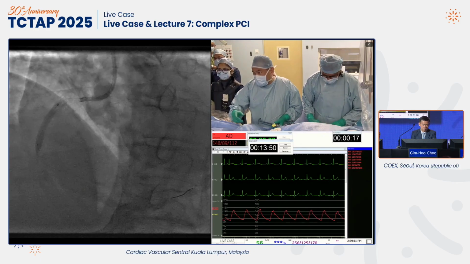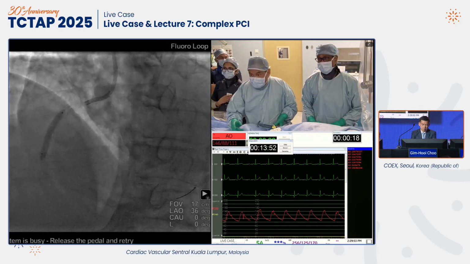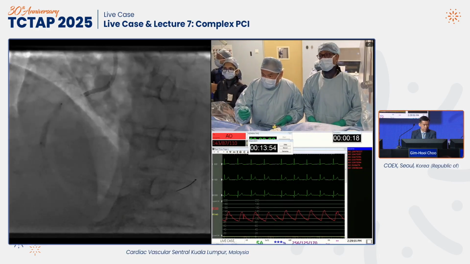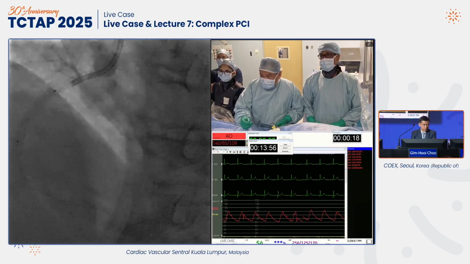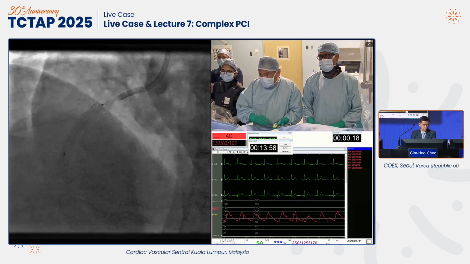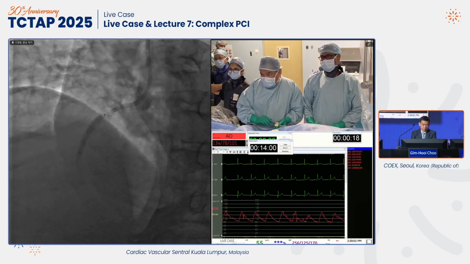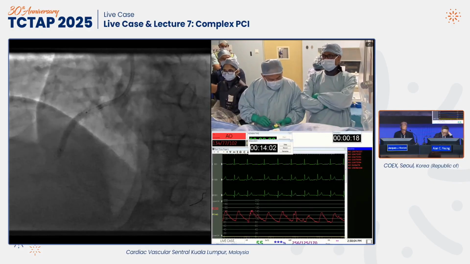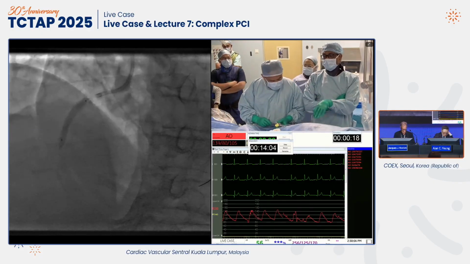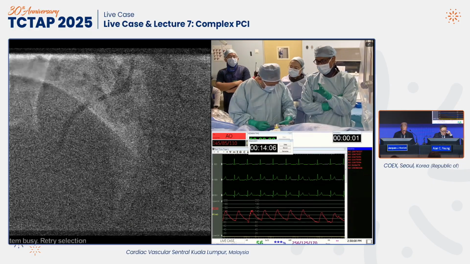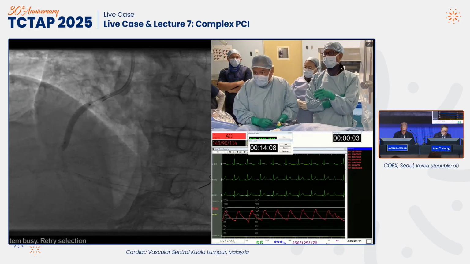So 2 things that we found: deliverability is really very, very good. We have used it now over 20 balloons, maybe 24 balloons, and we have not had problems. Recrossing may be a bit difficult, but it is not as bad as we initially thought.